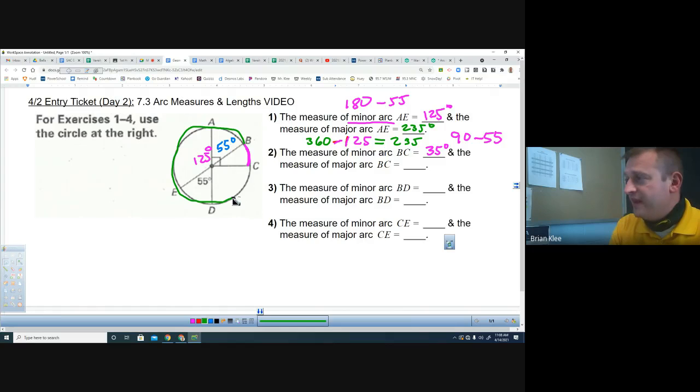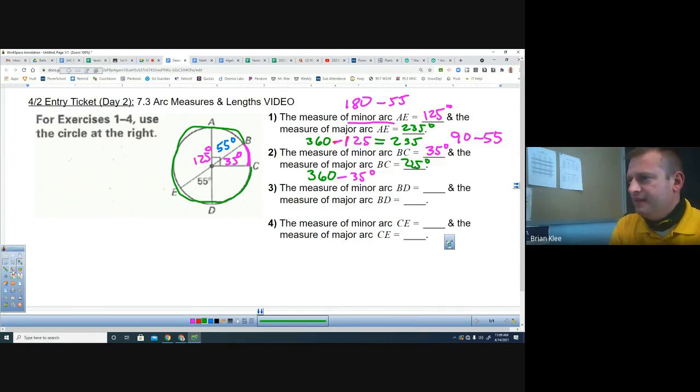In my opinion, the fastest way of getting it is, again, 360 minus that 35 degrees that we know happens to be right there for that minor arc. 360 minus 30 takes us to 330, minus 2 more, 325 degrees.